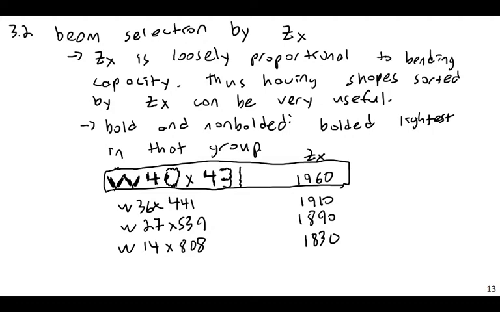So it is sorted by ZX, but you can see here that this table provides many other values as well. What else does it provide?